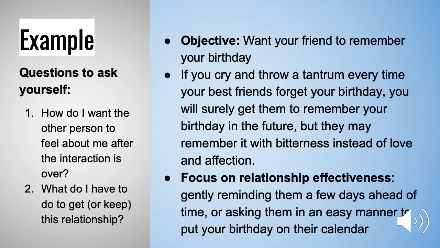So asking them maybe where their calendar is, what the calendar looks like for the month of July, and saying, hey, for that July 12th, why don't you mark my birthday right there? So, in the end, both objectives are achieved in these scenarios, but the difference is on how they were achieved, which is relationship effectiveness.